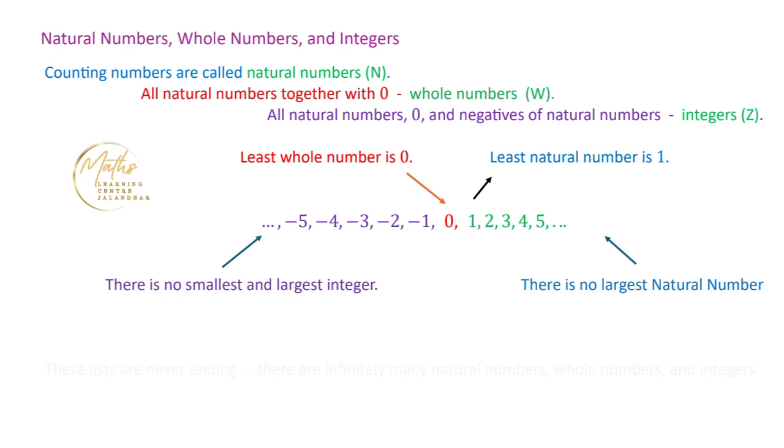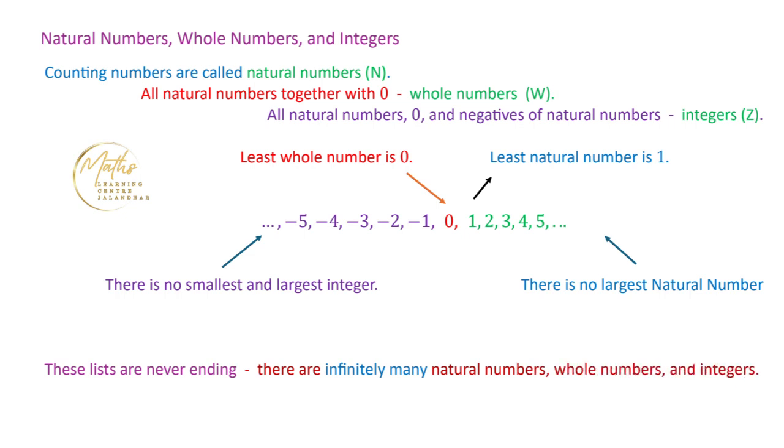So from this we can say that these lists of numbers are never ending, and there are infinitely many natural numbers, whole numbers, and integers.